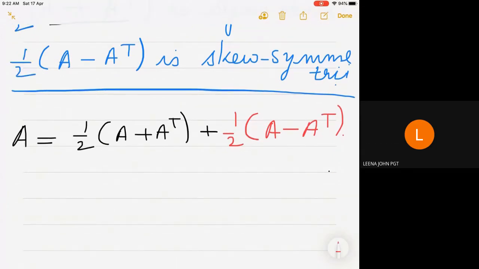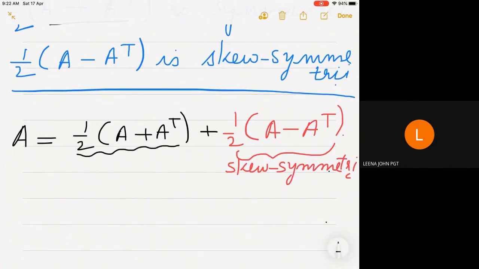And the speciality here is that the second matrix is skew symmetric, and the first matrix is symmetric.